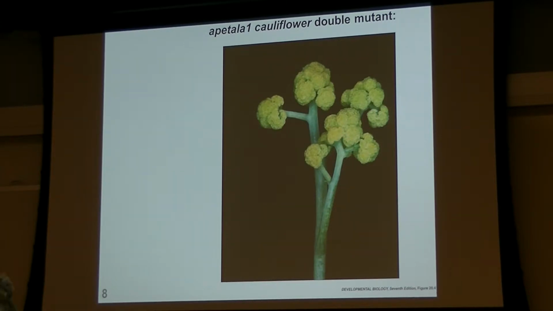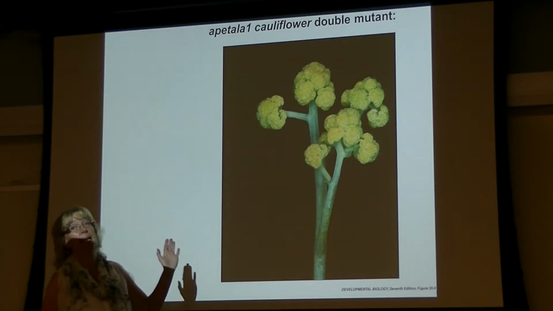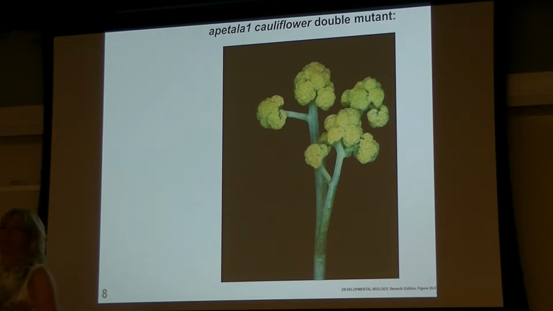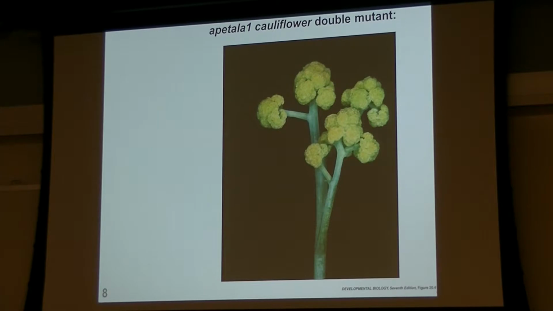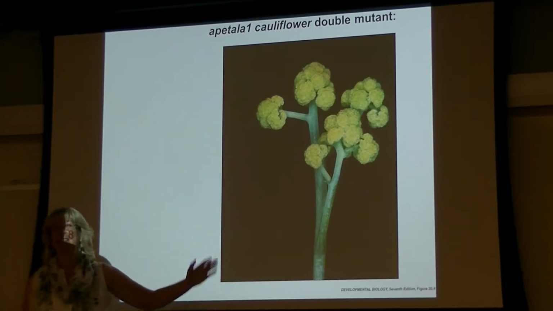But when you combine a cauliflower mutation with Aq1, and all of these are floral meristem identity genes, this double mutant gives this phenotype here where the meristem is converted into quite a vegetative state, and all you get is hundreds of tiny little shoots. And they never make any actual flowers, but they just stay in this vegetative state of hundreds of shoots. Okay? It gives this kind of cauliflower appearance.